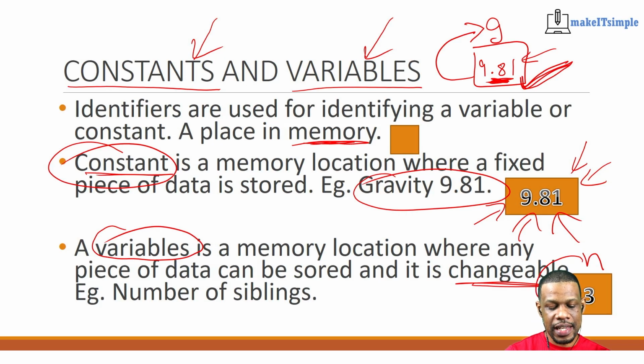So let's say N stands for number of siblings. Your number of siblings, if your parents decide, well, or it may just be a mistake. Well, not a mistake, no child is a mistake, but you know, things could happen. And then all of a sudden your number of siblings goes up from 3 to 4. And you feel sad because nobody cares about you anymore, because all they care about is the baby. But that's okay.